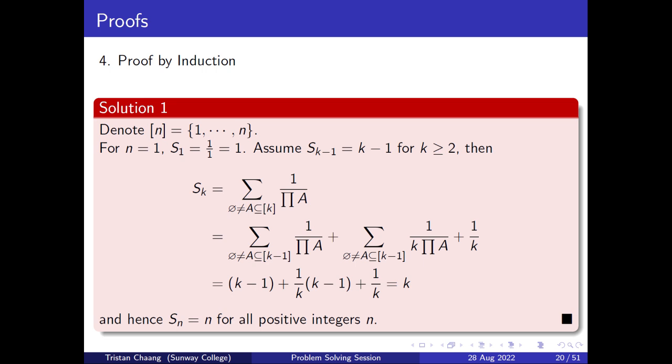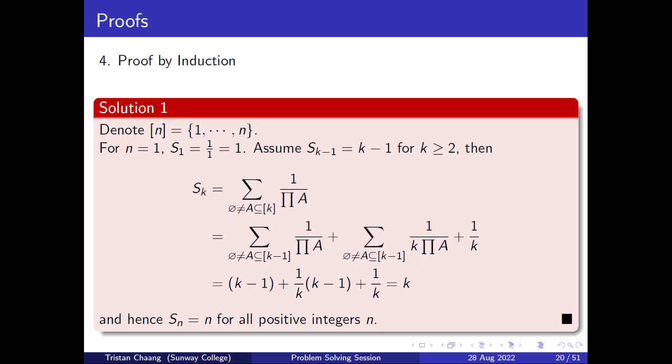I could write 1 over literally the product of all elements in A, but that will be very long and probably can't squeeze it here. So I'll just write 1 over pi A. Technically, you should define what pi A means, but I forgot to write that. What's A? I should sum over all possible A's being a non-empty subset of 1 to k.